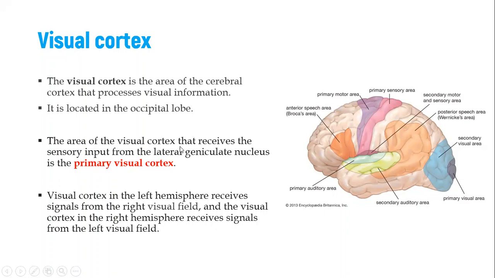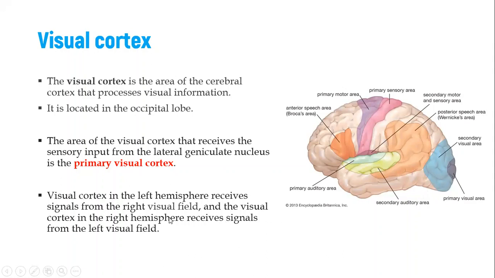The area of the visual cortex that receives the sensory input from the lateral geniculate nucleus is called the primary visual cortex. That is the point where we now form images completely.